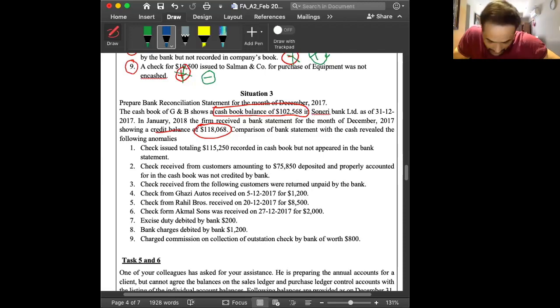Now, in situation three, you have two balances here. What does it mean? Let me explain what your answer is already here. You just need to check whether you reached that answer or not. Let me show you something here.